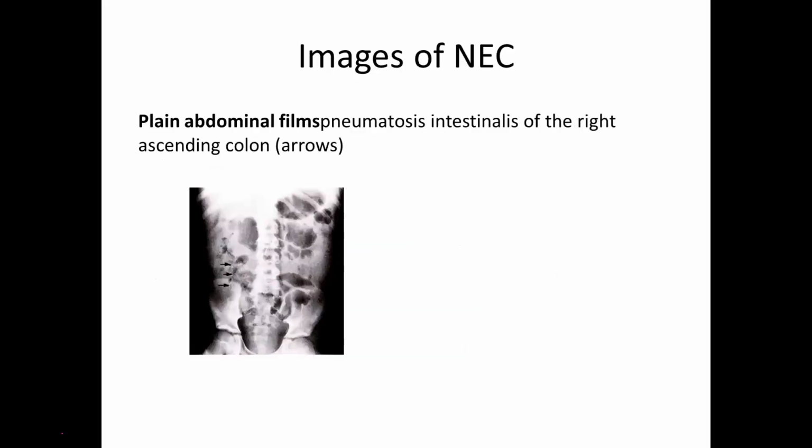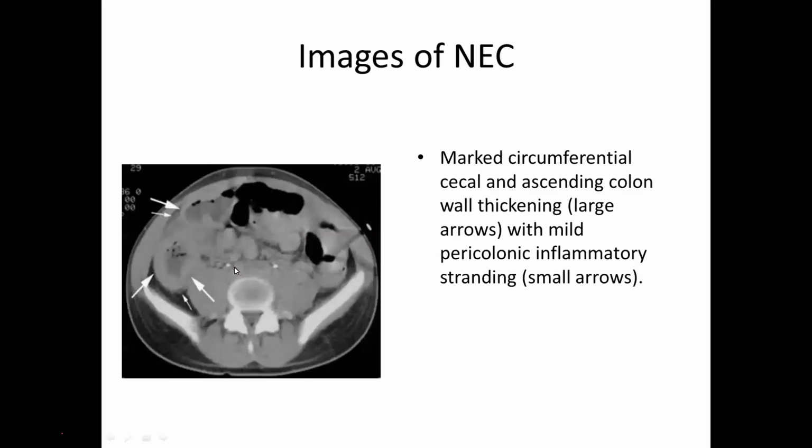So here's a plain abdominal film; the arrows show the development of pneumatosis intestinalis of the right ascending colon. Here is the cecum. You can see marked circumferential cecal and ascending colon thickening, with mild pericolonic inflammatory stranding, the small arrows here.